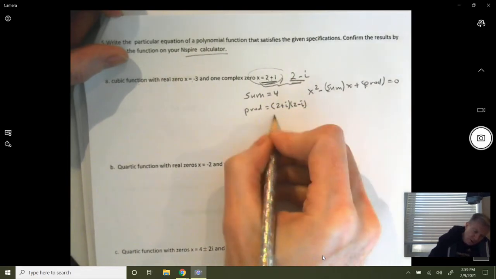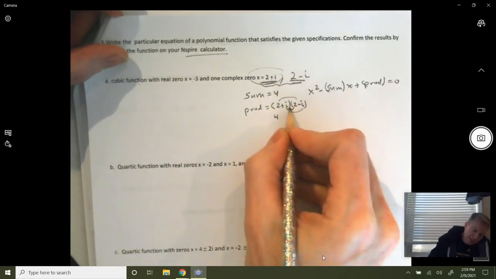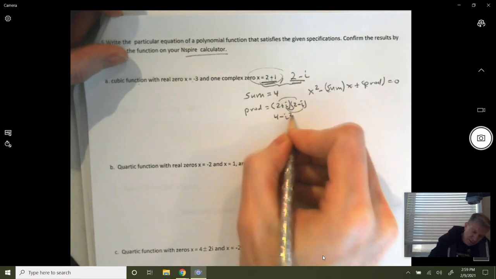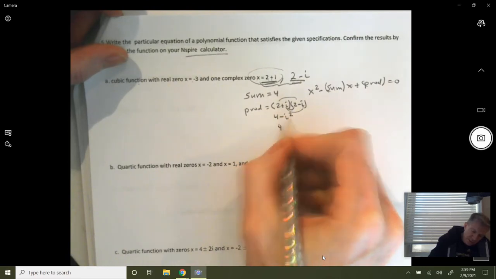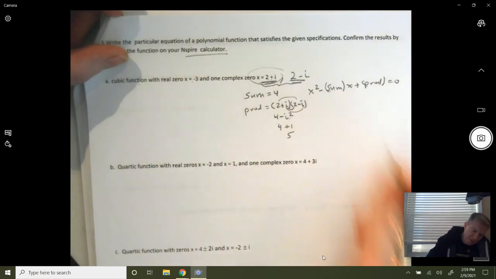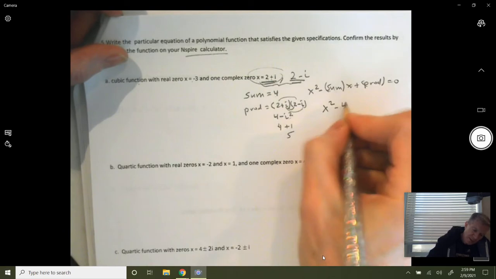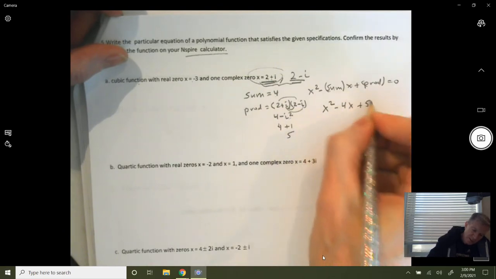You get 4. Outers and inners cancel, and then you get minus i squared. i squared is -1, so minus -1 gives me +1. The product is 5. So I get x squared minus the sum, 4x, plus the product, 5, equal to 0.